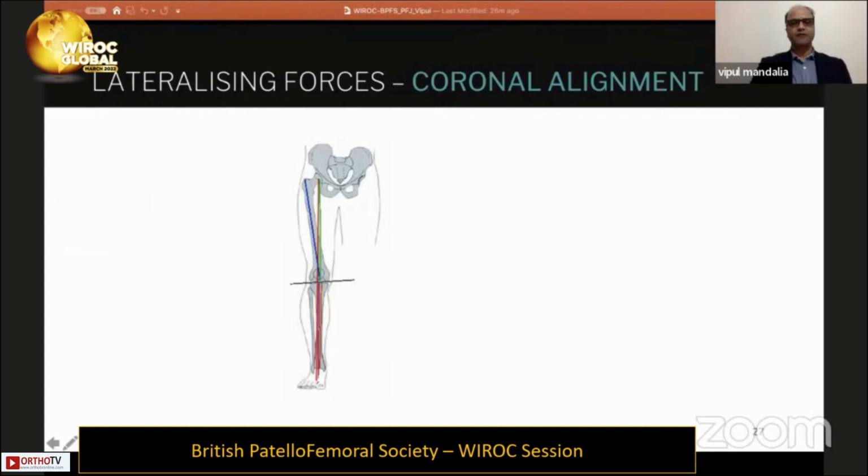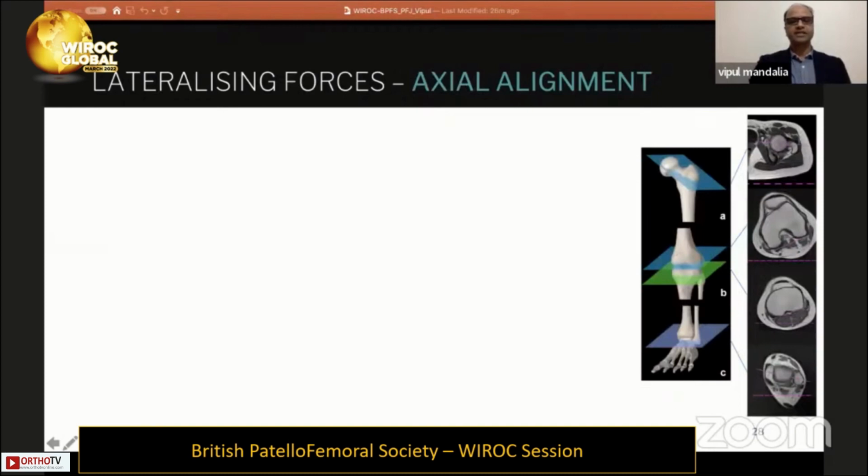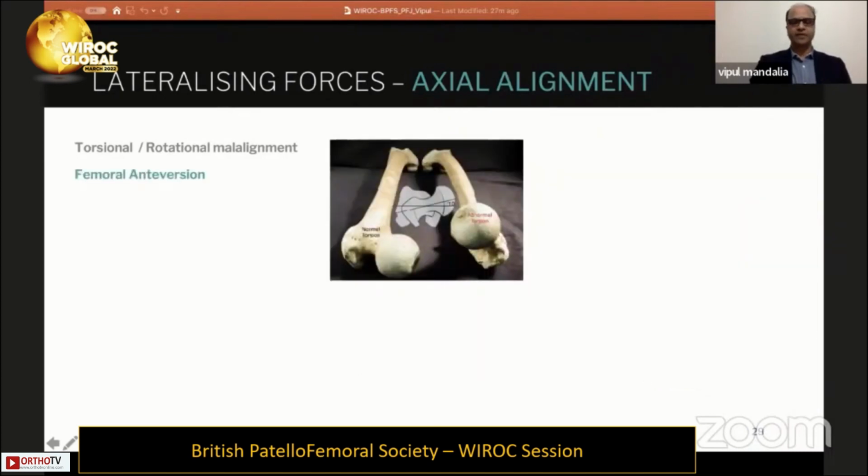Now, as I said, there are forces away from the patellofemoral joint that can contribute to instability as well. One of the commoner examples is valgus malalignment. There is no doubt that it is going to contribute to a certain extent to patellofemoral instability. The other thing which is less well understood, but we have started to recognize, is axial malalignment, i.e. rotational or torsional malalignment. In general, it causes more of the lateral pain, but sometimes it could be an abnormality that would contribute to the instability. I think there are two specific torsional abnormalities that we need to be aware of. One is femoral anteversion.